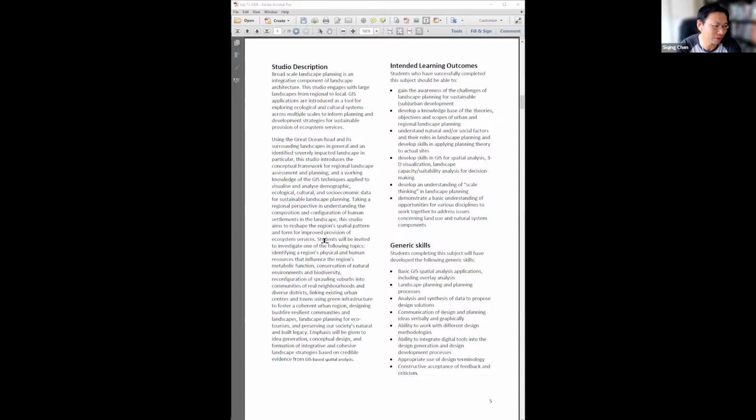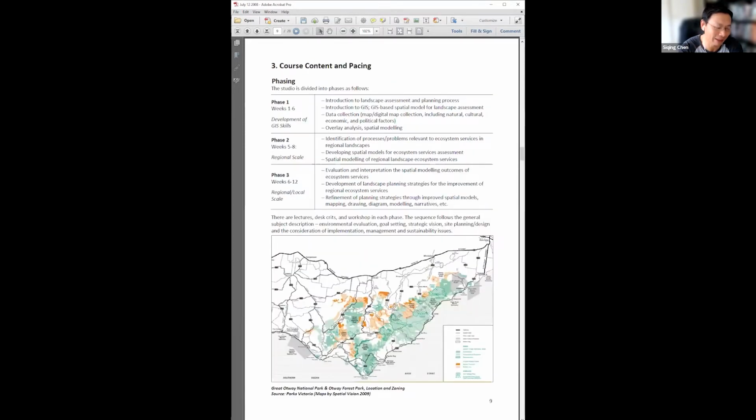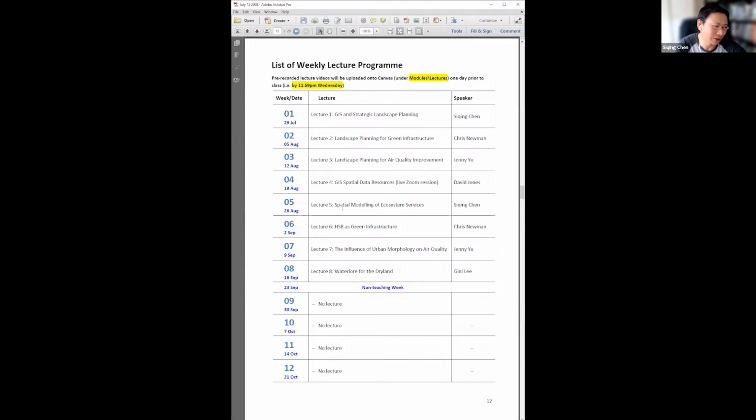We use a lot of the readings from the Forman's Urban Region book, and yeah, this is the whole site we have. We don't have a very specific site along the Great Ocean Road, but also the whole big region.